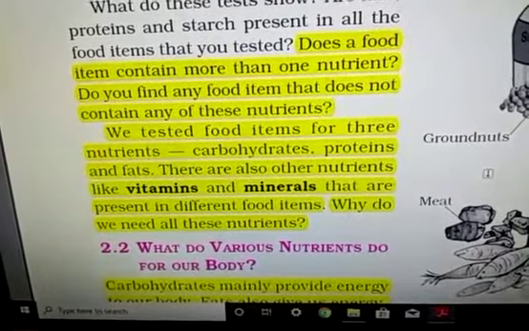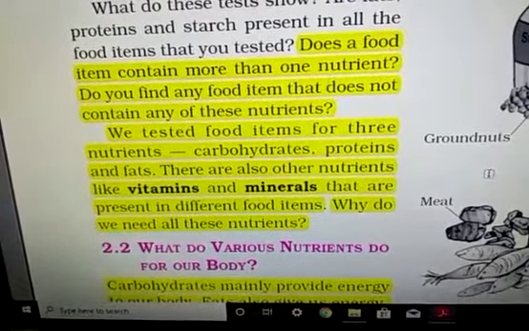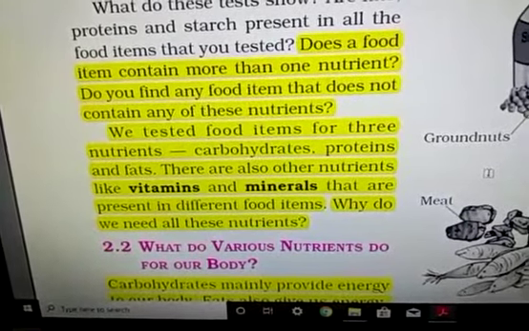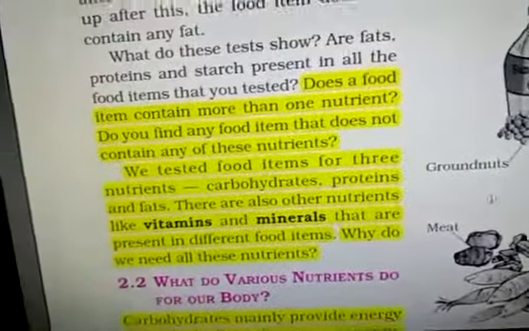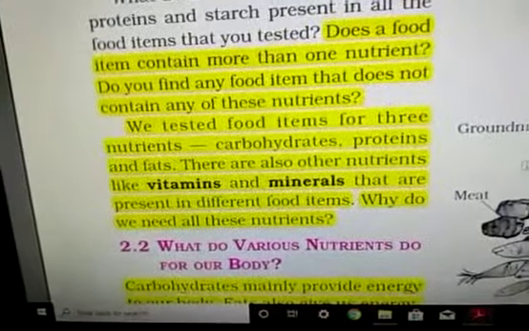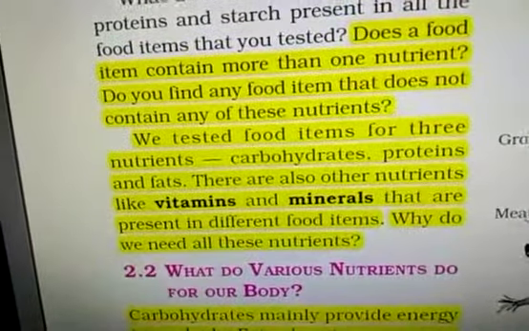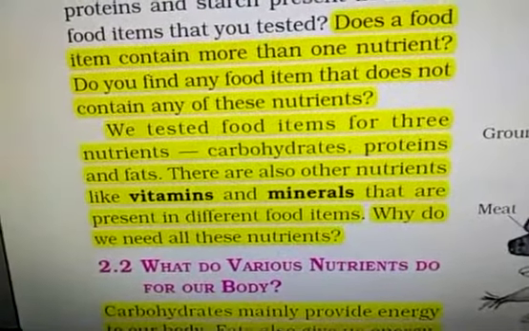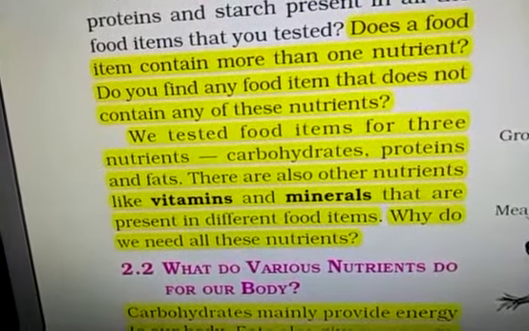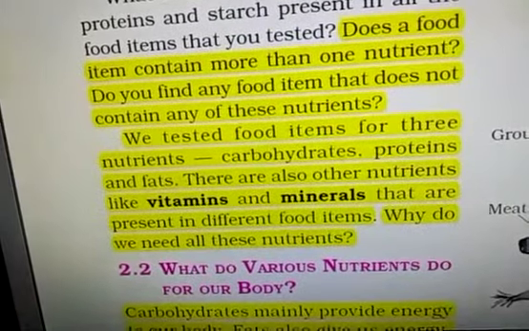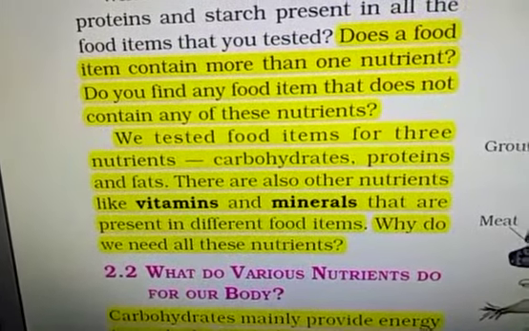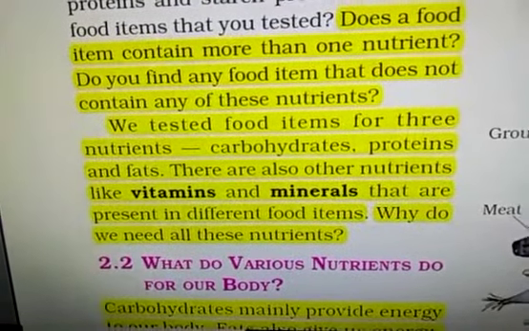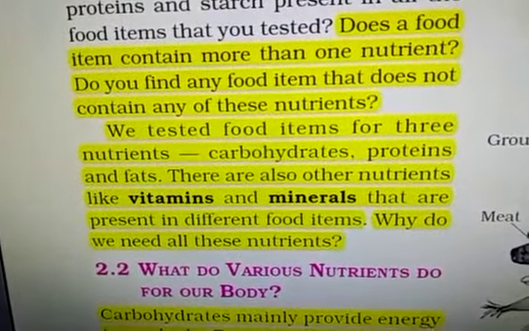So we can say no food item has no nutrient, but out of the above 3 they may have no nutrient. ऐसा हो सकता है कि किसी फूड आइटम में स्टार्च या कार्बोहाइड्रेट, प्रोटीन और फैट में से कुछ ना हो, लेकिन बाकी सब में से कुछ हो. So it's very difficult to find out a food item that has no nutrient.